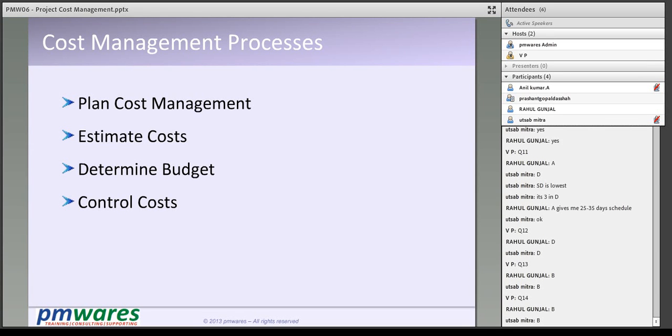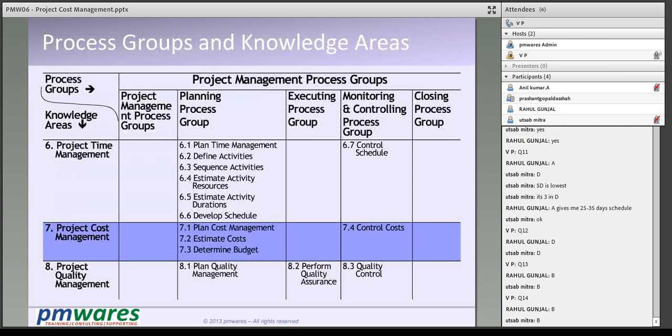Cost management plan, then estimate cost, then determine the budget and control the cost. Okay, the three are in planning section and one is in control section.